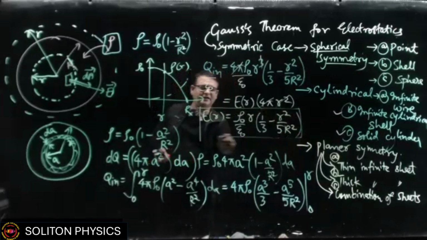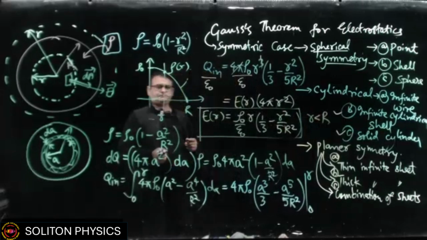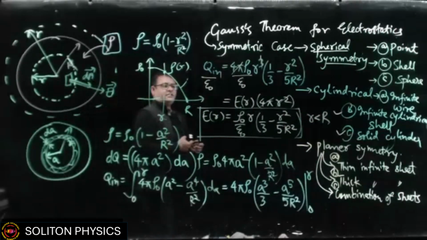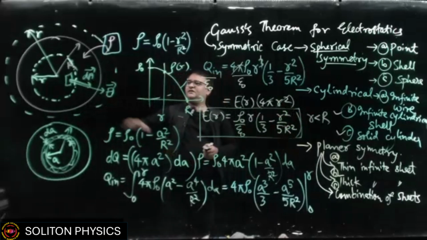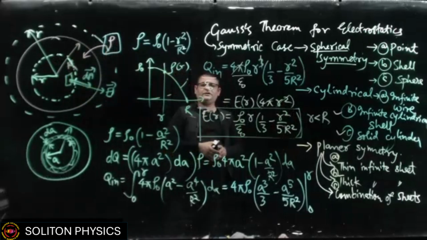Now this is valid for r less than big R. If you go for r greater than big R, then you can take this entire charge and put it at the origin, and then it will have the hyperbolic relation.